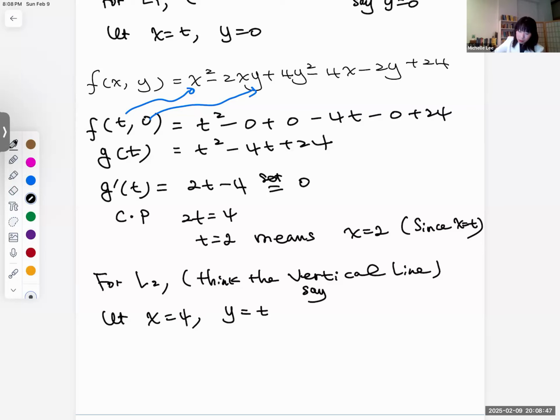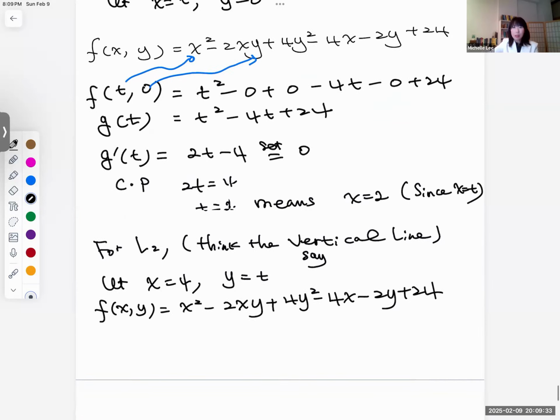Then we have f of x, y equal to x squared minus 2xy plus 4y squared minus 4x minus 2y plus 24.